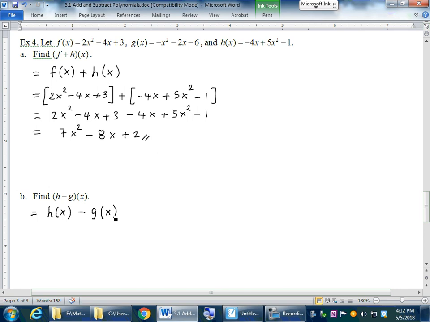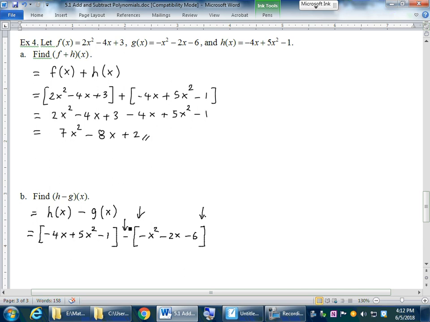X. So now h function, that is basically negative 4x plus 5x squared minus 1. My g function minus g of x is negative x squared minus 2x minus 6. So it's very important that you write it with the brackets right here, because that's how you will remember to distribute this negative sign to the second polynomial.